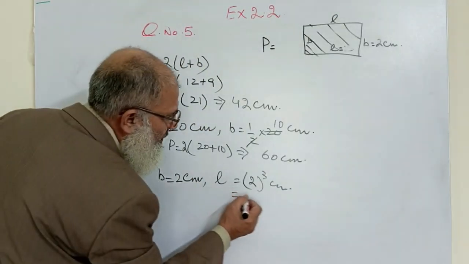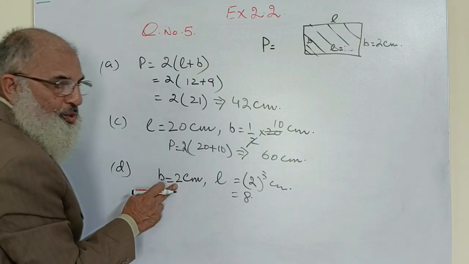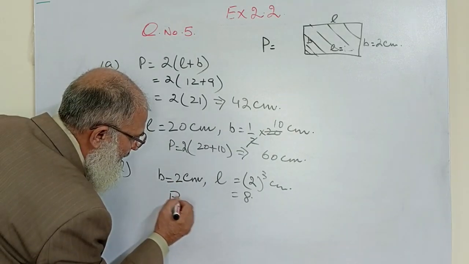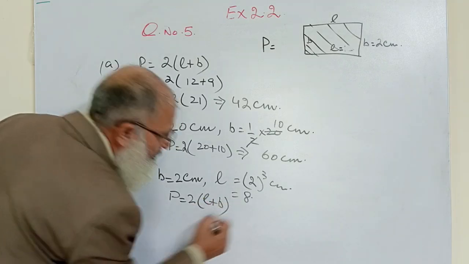It will become 8. Now 8 plus 2, P is equal to 2L plus 2B.